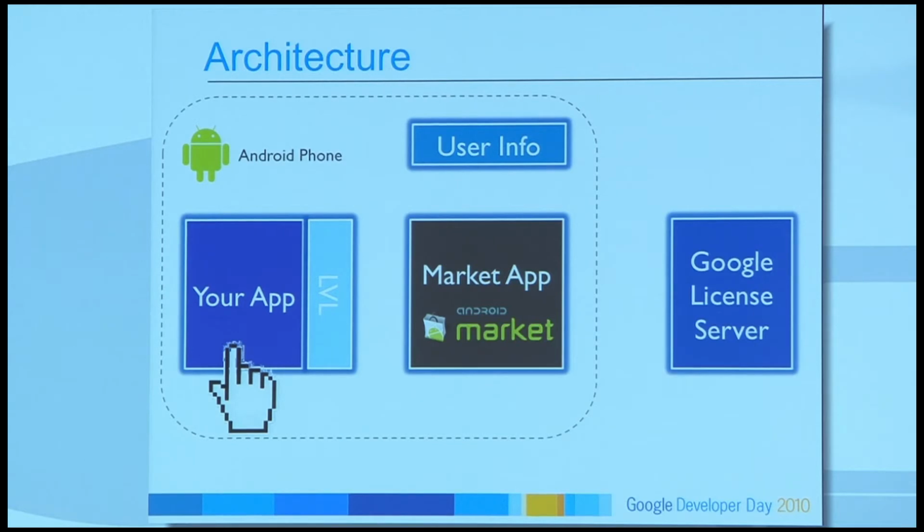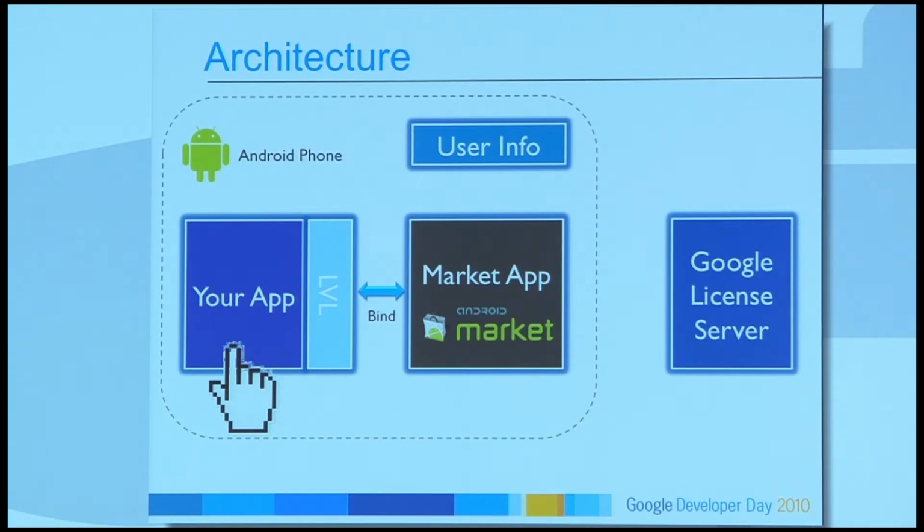Let's take a look at the market licensing service in action. The first thing is the user will click on your application, which should trigger a license check in your app, and your app will try to bind to the Market app if not already bound.